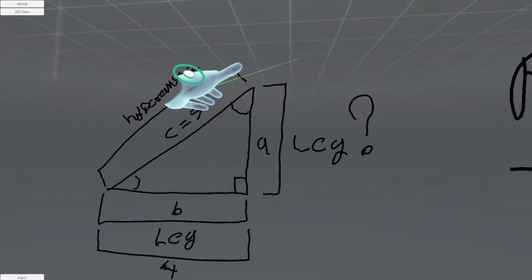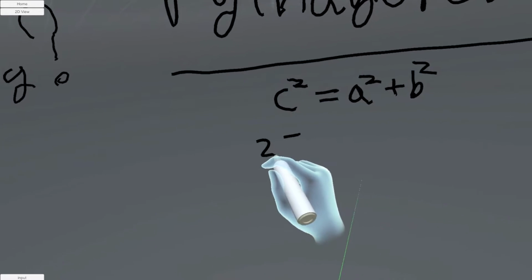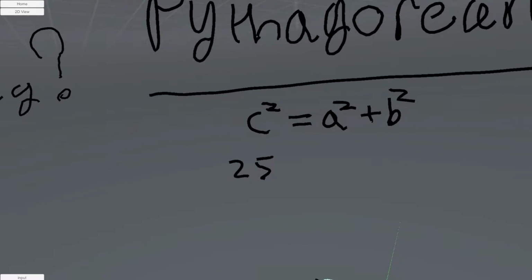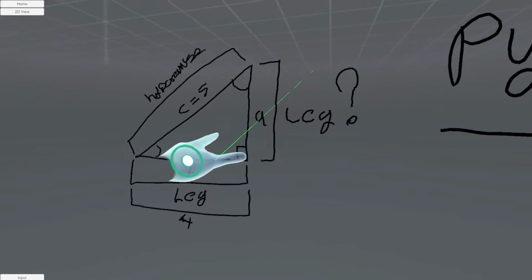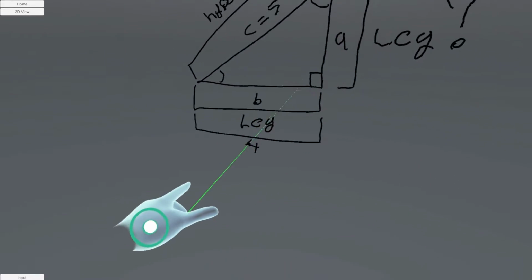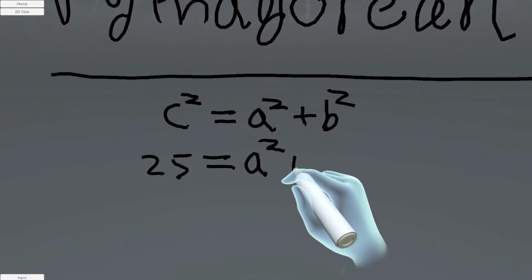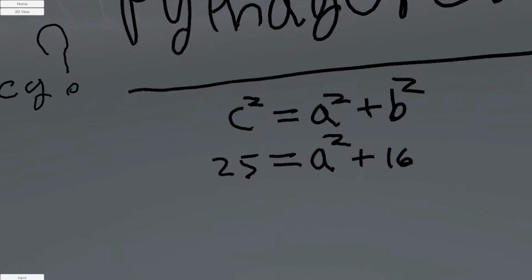C is equal to 5. The length of the hypotenuse is 5, so 5 squared is 25. Okay, 25 is equal to, well, we don't know A, so we're just going to go A squared, leave that. And then we know B is 4, so B squared is 4 squared, which is 16, so plus 16.